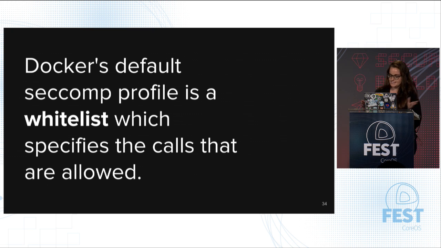We tried to deny almost everything that was bad, which is hard. There are a lot of syscalls, and a lot of them are old, and a lot of them are only for 32-bit architectures.